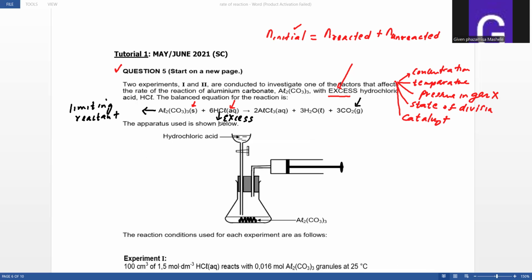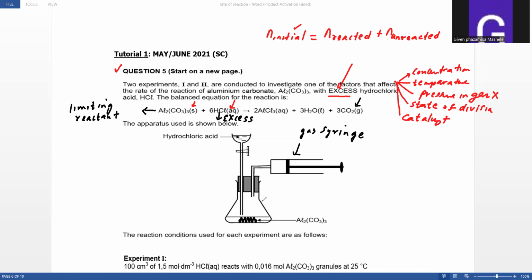The apparatus used is shown below. One of the apparatus here is a gas syringe. And we know that the function of the gas syringe is to measure the volume of a gas. So already we can easily tell that the method they've used here to measure the rate of reaction is the change in volume of gas produced.